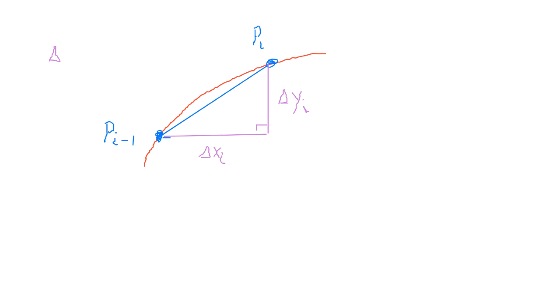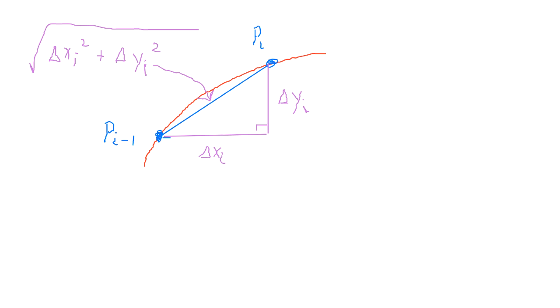We know by the Pythagorean theorem that that length would just be delta xi squared plus delta yi squared, but the square root. That's going to be the length of that line segment.